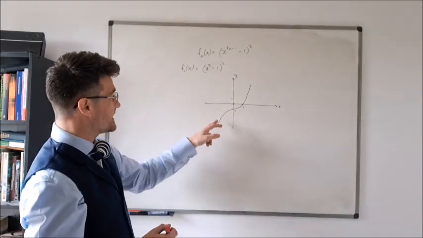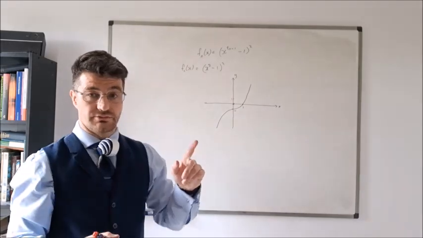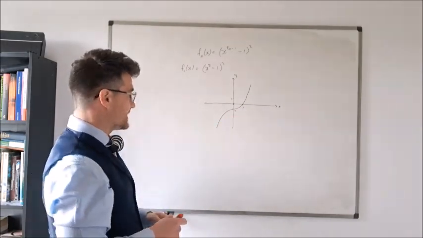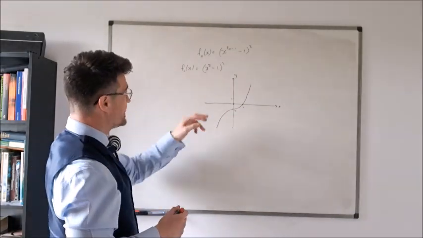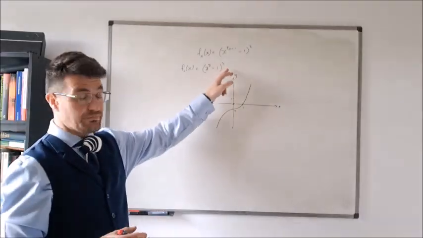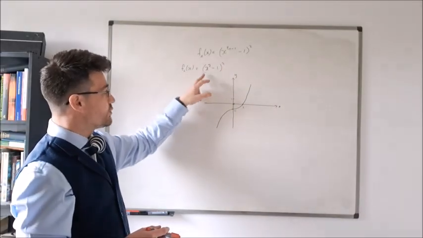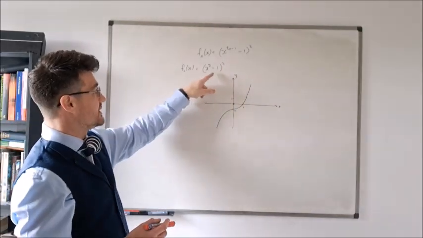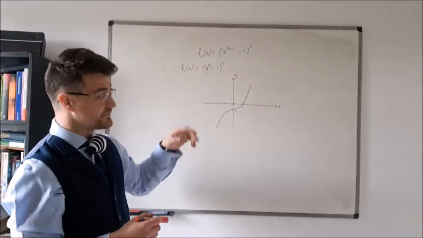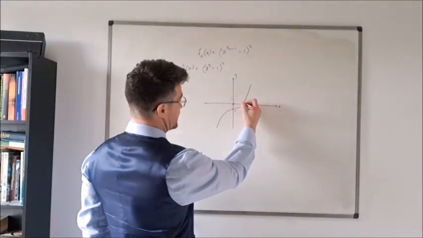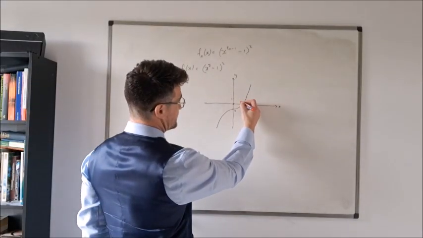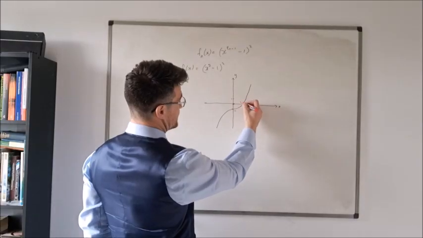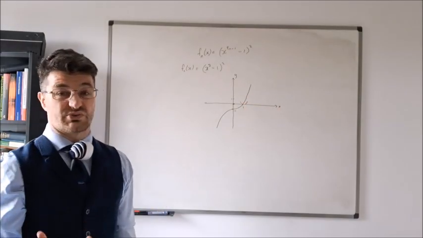Here I can see that x cubed minus 1 has a single root at x equals 1, but because of the square, I know that x minus 1 is going to be a repeated factor of this expression. So I can include that. It's going to look something like that. It's just the kind of thing that you would see with a quadratic, for example.